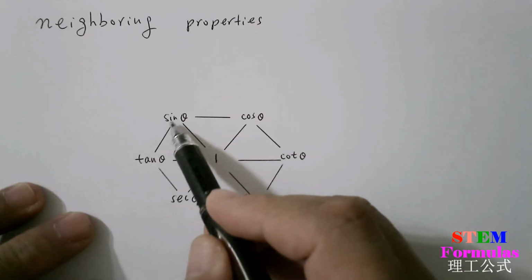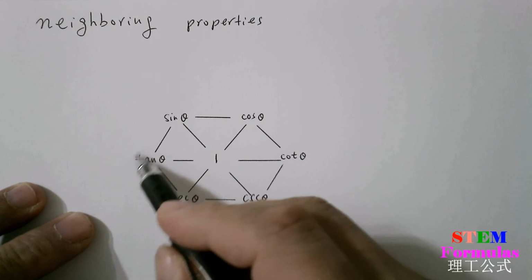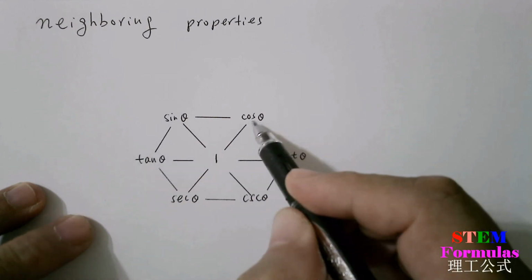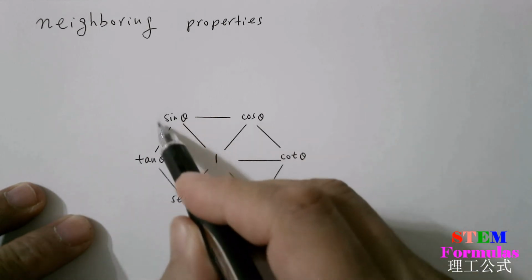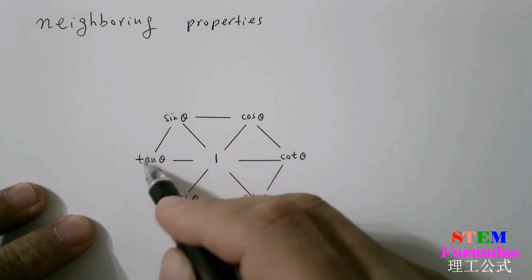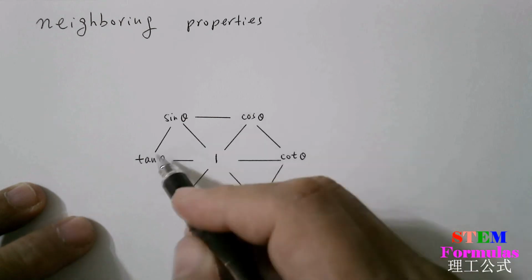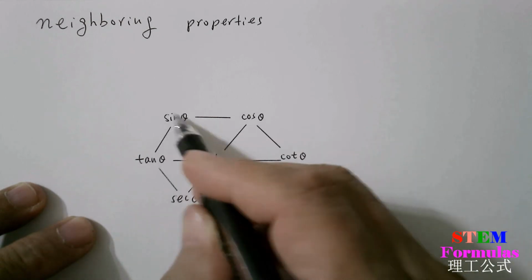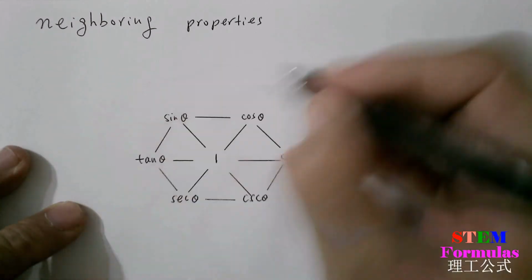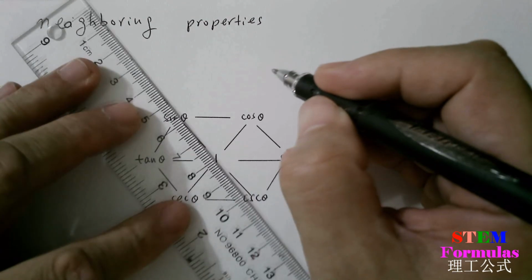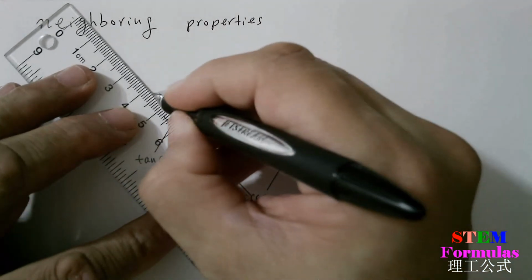For sine theta equal tangent theta times cosine theta. So this function equal this one times this one. So two neighbor functions we multiply together, we get this one.